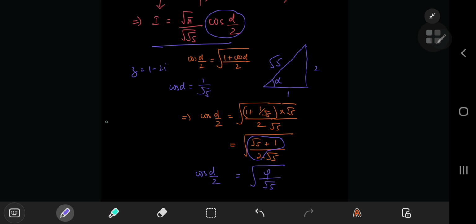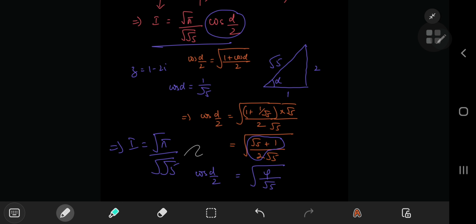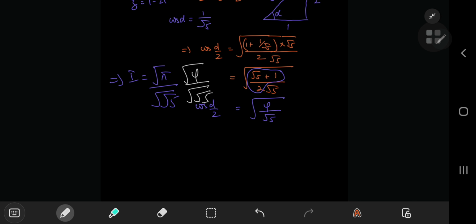So coming back to exactly what we were evaluating, this is it. This implies that I equals the square root of pi divided by the square root of 5, and this cosine of alpha by 2 we just found out is the square root of phi, the golden ratio, divided by the square root of 5. So downstairs you have the square root of 5 squared, which will give you 5.